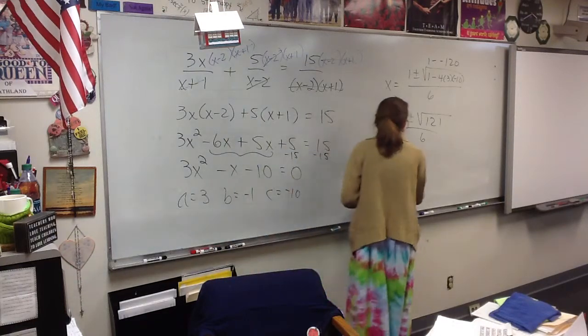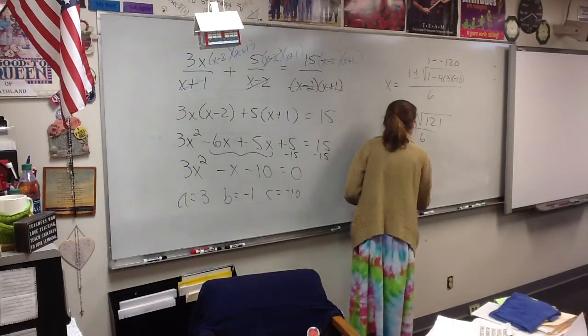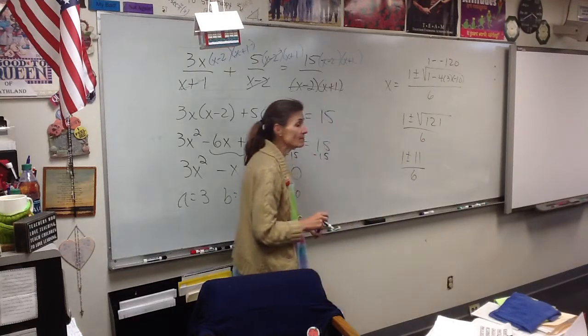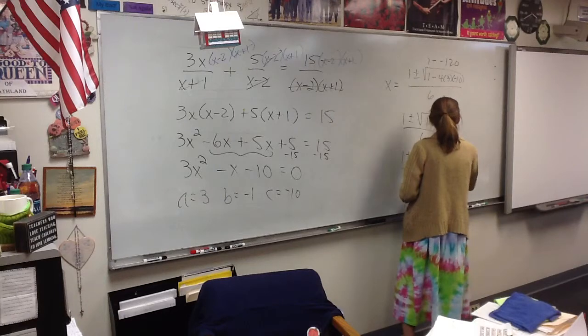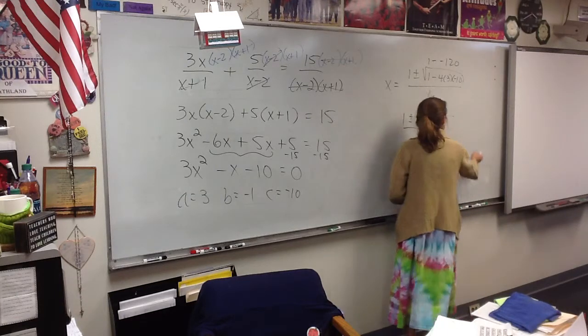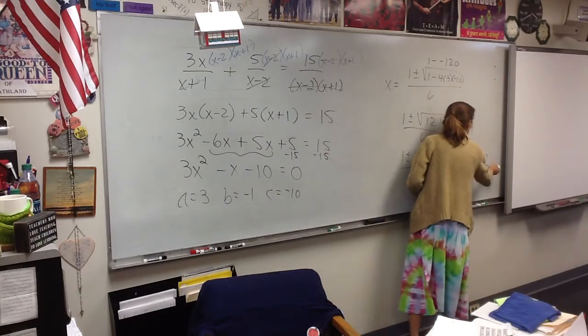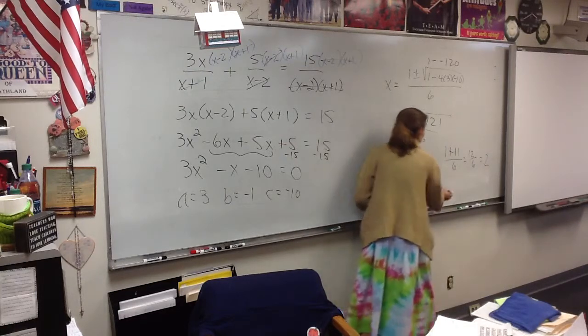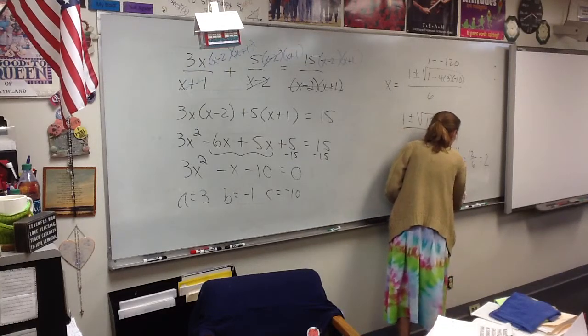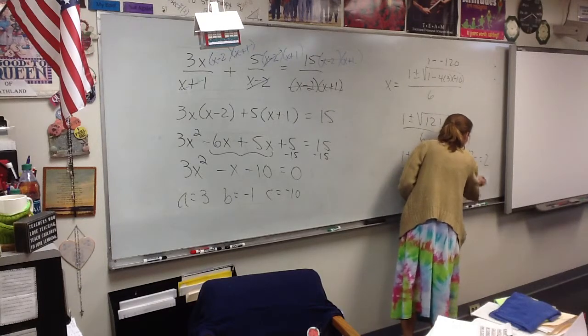It's just one little thing. Square root of 121 is 11. So we have two answers, 1 plus 11 over 6, which is 12 over 6, which is 2. And 1 minus 11 over 6, which is negative 10/6 or negative 5/3.